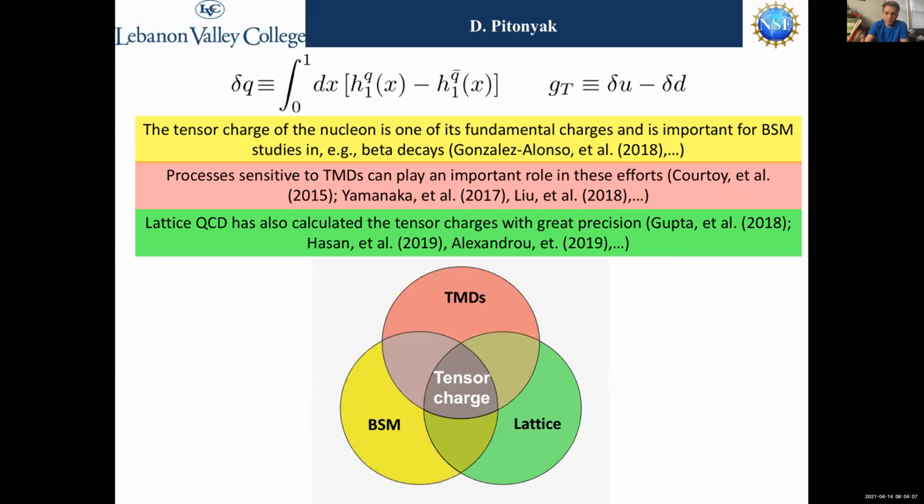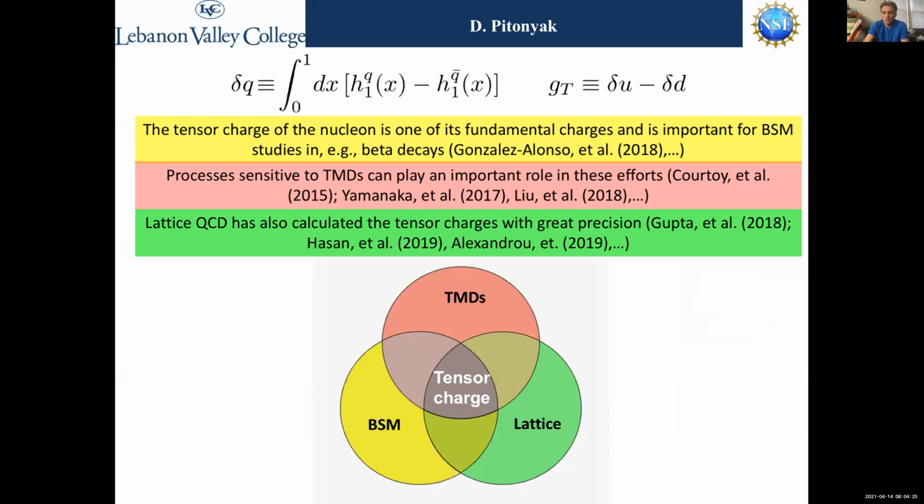It turns out that transversity is perhaps the least known one and extremely interesting, as this combination here, the difference between quark and antiquark transversity integrated over x in the whole region, the first moment of it, corresponds to the tensor charge of the nucleon.